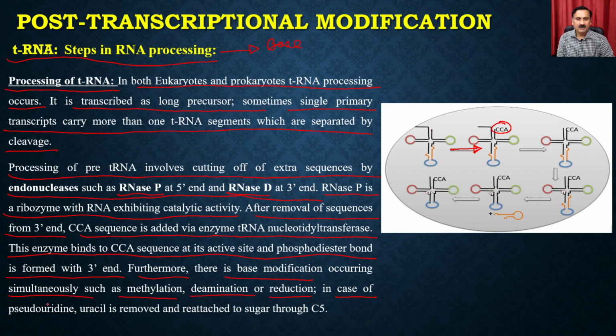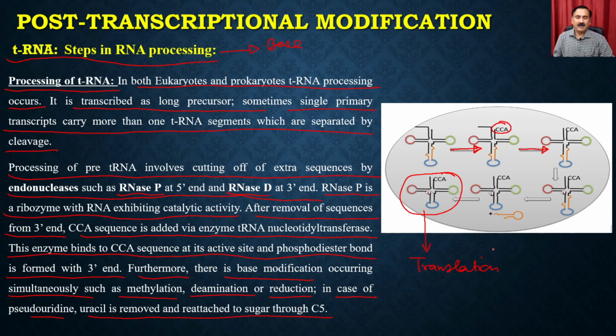In the case of pseudouridines, uracil is removed and attached to the sugar through C5. So after that there will be further cleavage and then there will be base modification. So you can have the pseudouridine and all those kinds of modifications, and that is how ultimately you are going to have the final matured tRNA, which is going to participate in translation.